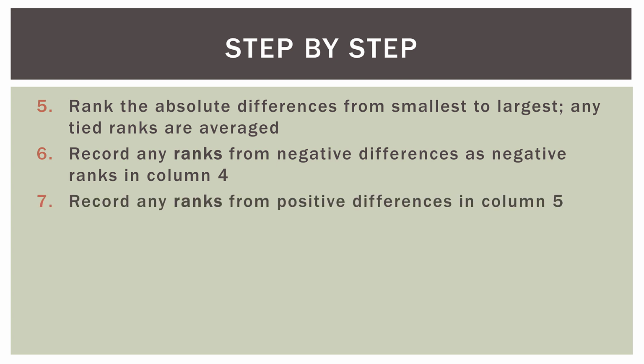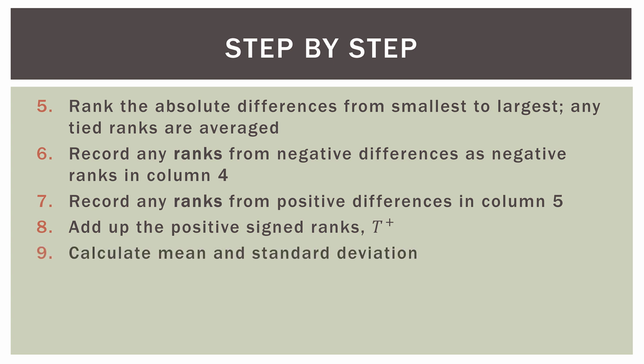And we're also going to record or note any ranks from positive differences in this fifth column. So we're taking the absolute differences and noting which were originally negative differences and which were originally positive differences. Then we're going to add up the positive signed ranks, which is denoted with T+.